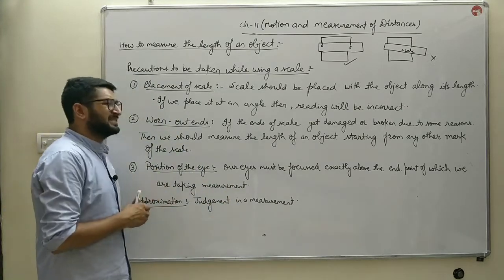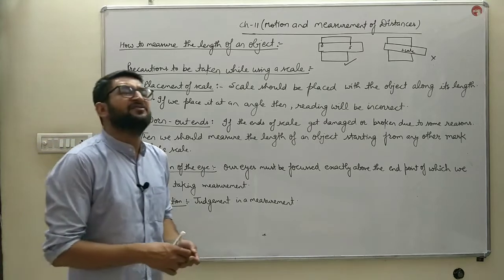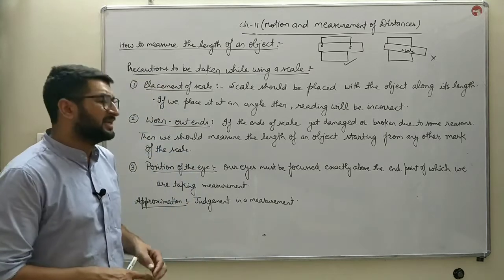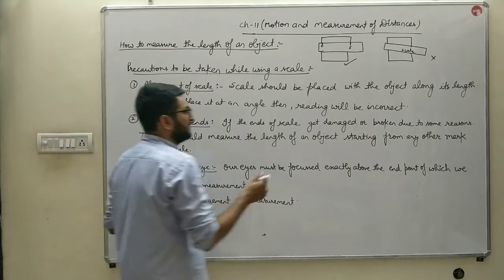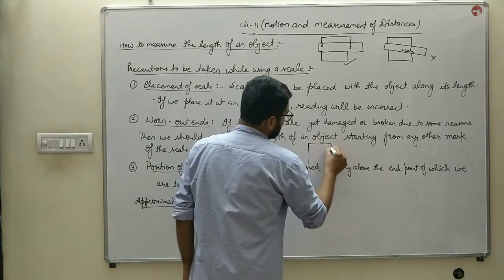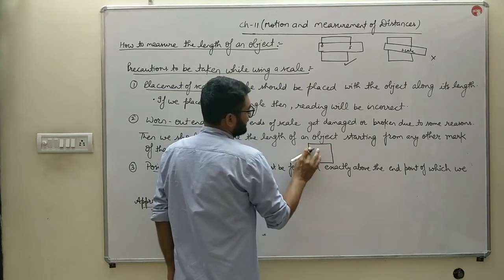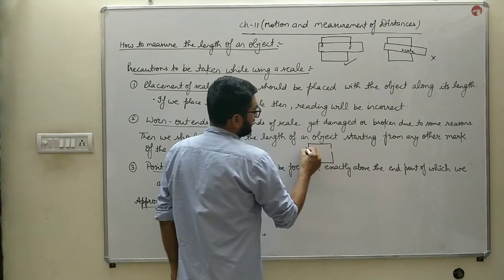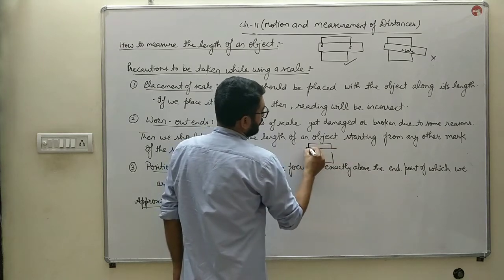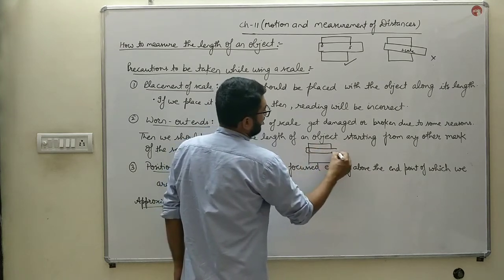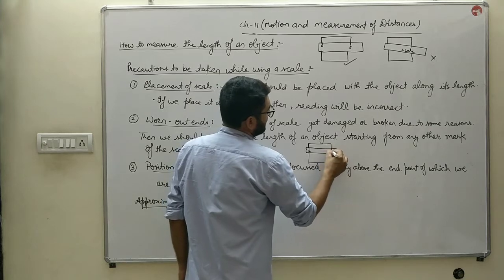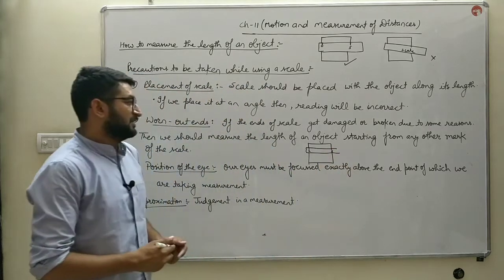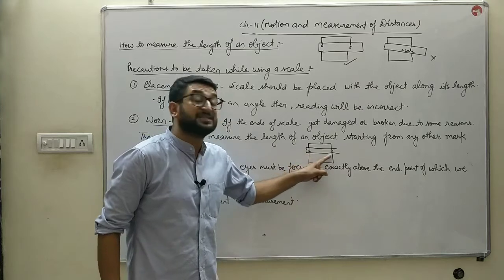So in that case, if the ends get worn out, then we have to start the reading from some other point. For example, if this is the card I want to measure, and I have a scale which has a worn out end, I place 2 centimeter at this starting point, and let this be at the 6. This starting point has 2 and this one is 6.